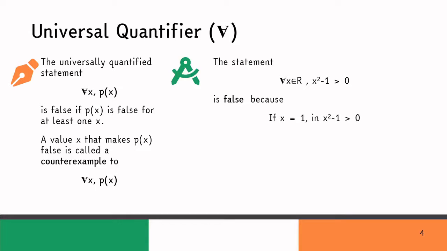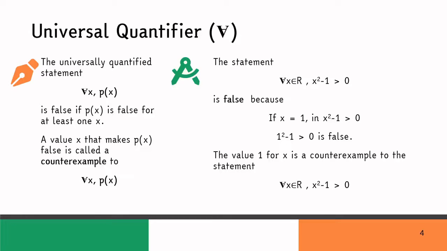This statement is false because in the case where x equals 1, x squared minus 1 equals 0, which makes it not greater than 0, and thus false. This means x equal to 1 is a counterexample to "for all x, x squared minus 1 is greater than 0."